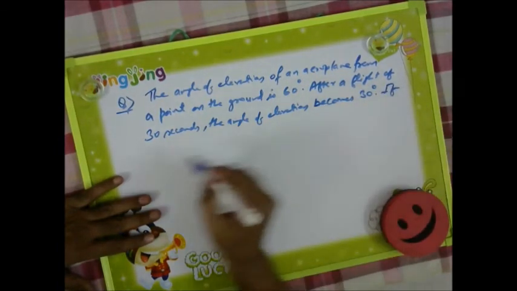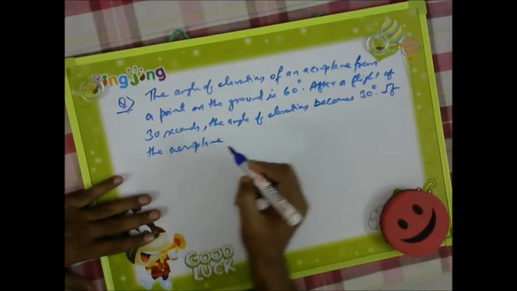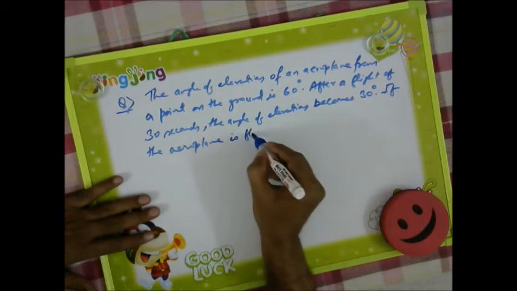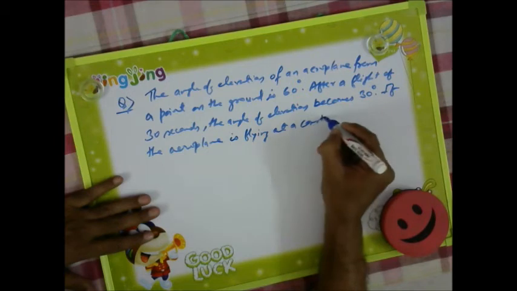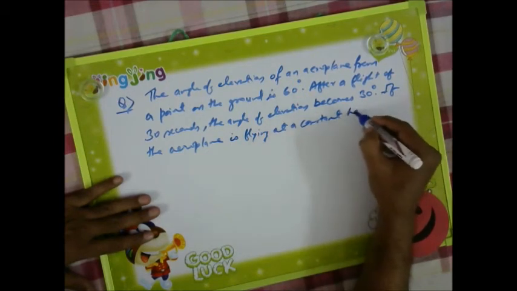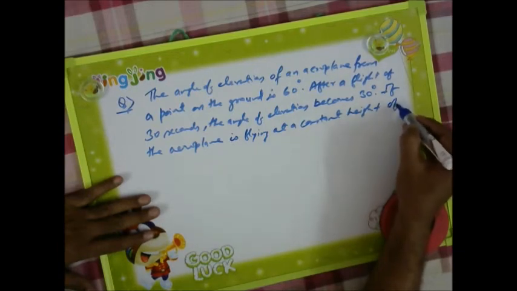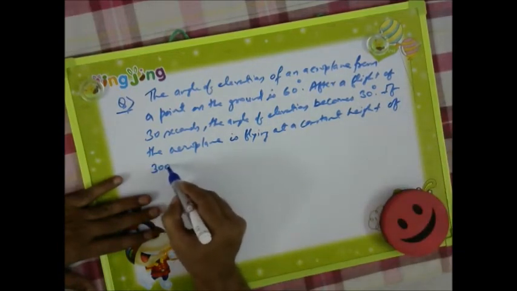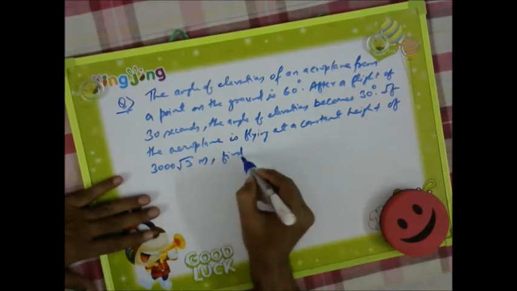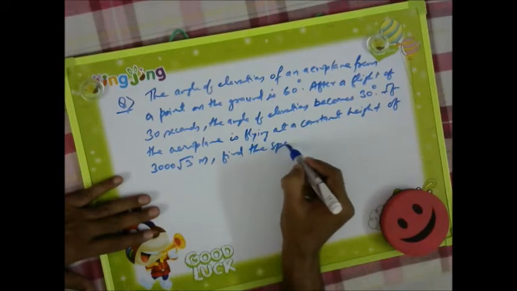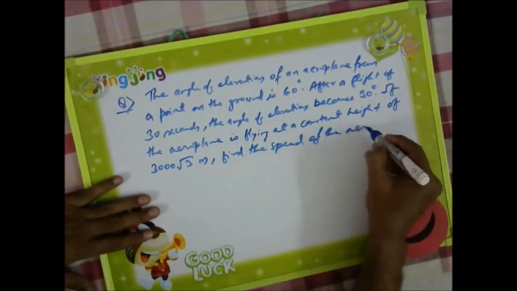Now if the aeroplane is flying at a constant height of 3000 root 3 meters, find the speed of the aeroplane.